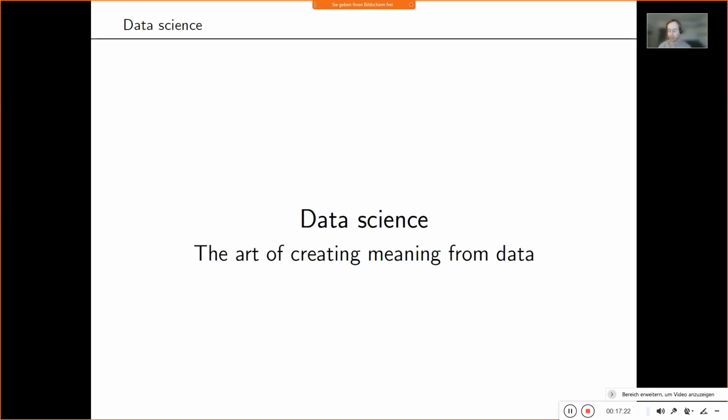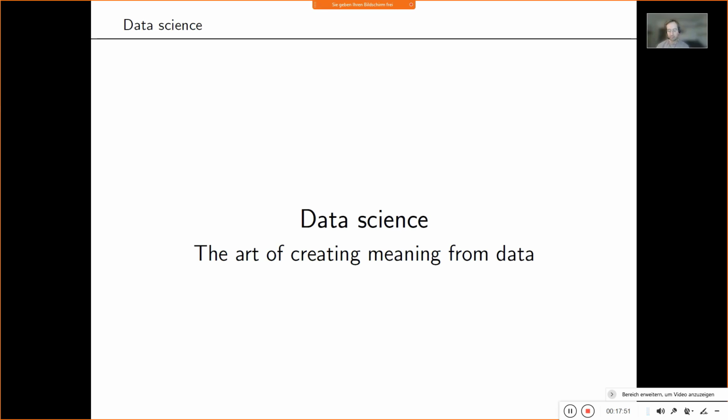It always depends a little bit on whom you ask. So computer scientists, from my perspective, are very good in organizing data and getting data in a way that data scientists can then create meaning from that.